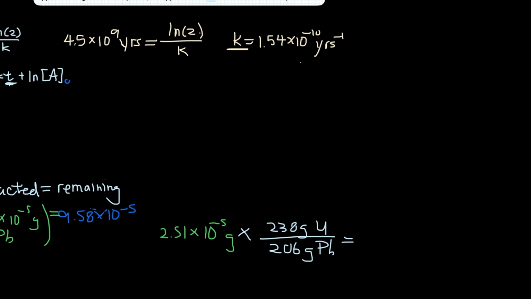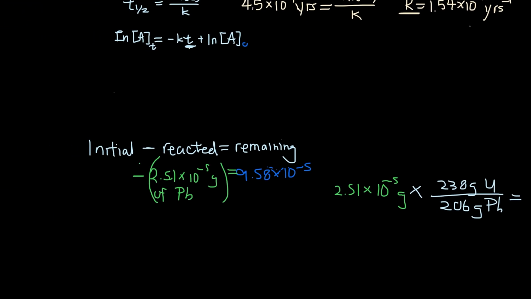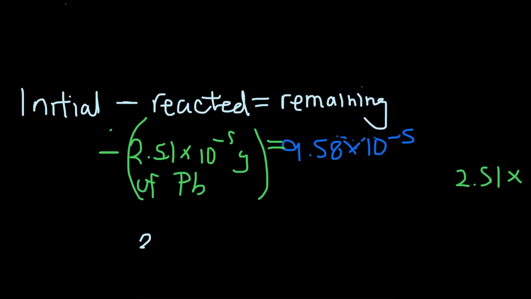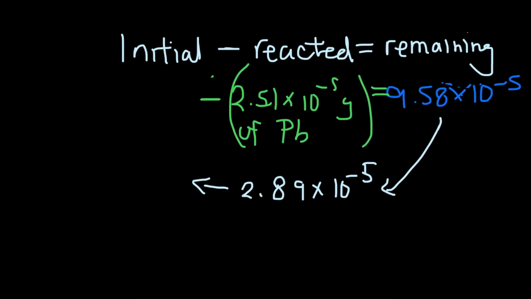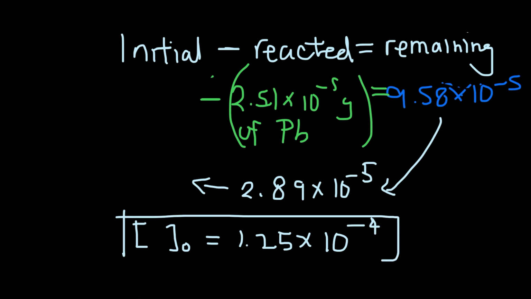With this ratio, we're told that the mass of uranium that has reacted is around this much. By the way, you don't have to use this ratio, but it's definitely the fastest way. If we add that to our remaining, we get the initial amount, which tells us initially there was around this much uranium in the rock.